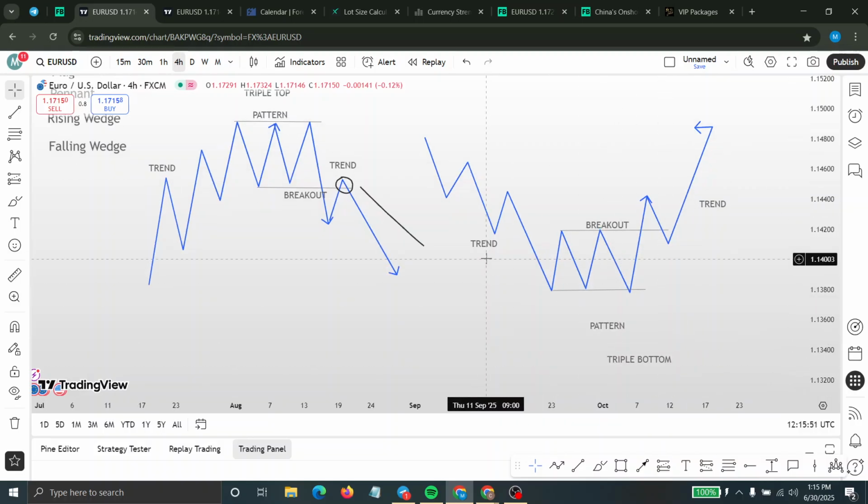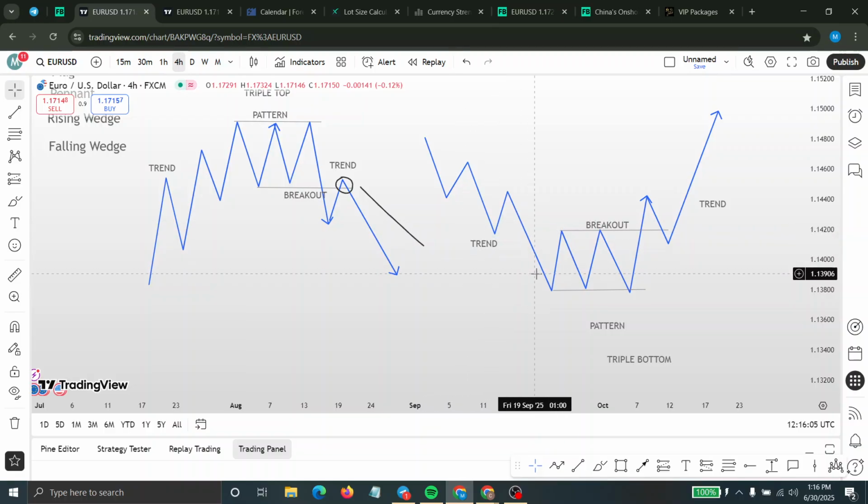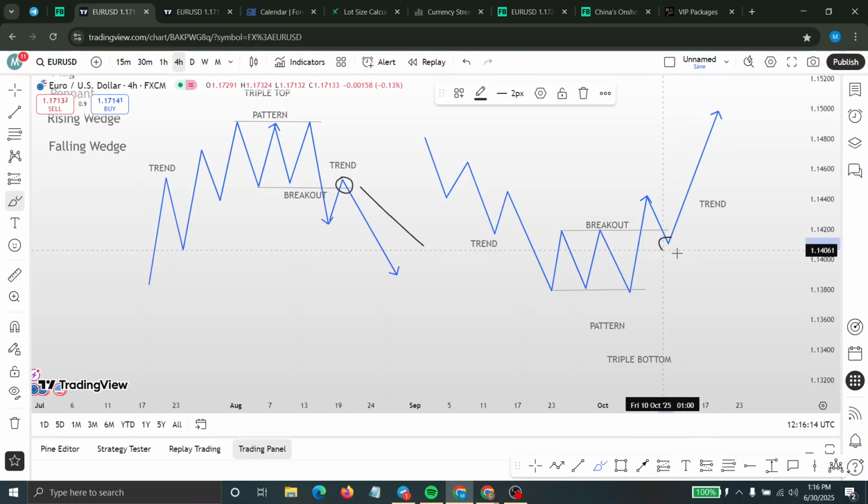The triple bottom, we want to be seeing a bearish market that is ready to be changed from the bearish market into a bullish market. And how do we confirm this? We want to see a trend, a pattern, and we want to wait for a breakout, and we are entering at the retest of that breakout.